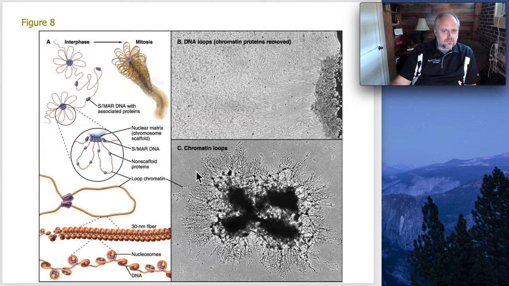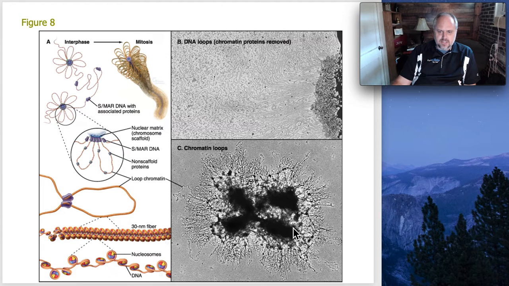And here's this figure again. So basically we're talking about this fiber here at the end of mitosis, where notice how these little matrix attachment sites have attached, but now what's going to happen is this nuclear matrix is going to assemble into this X shape.